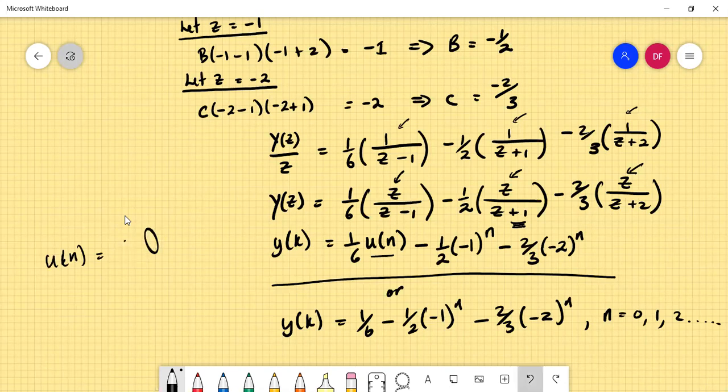Why do you use u(n)? Yes, right at the 1/6. The u(n), because it could be written, remember, as b to the n, which would be 1 to the n. But 1 to the n is 1. So that's what the u(n) represents.